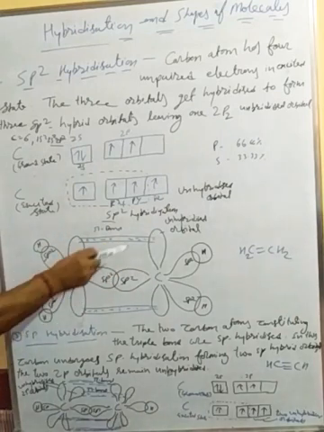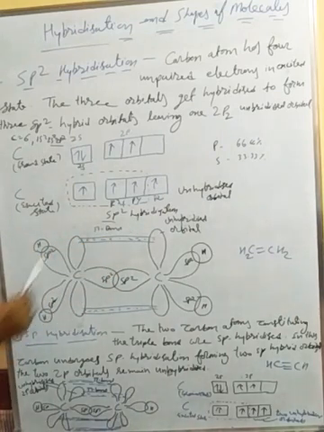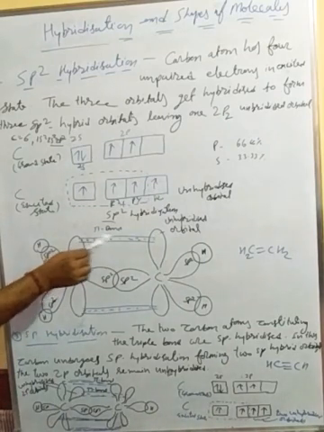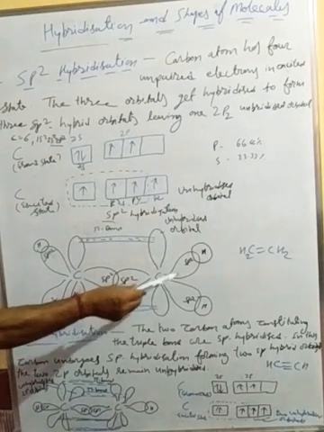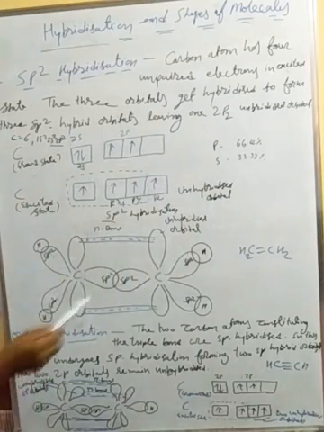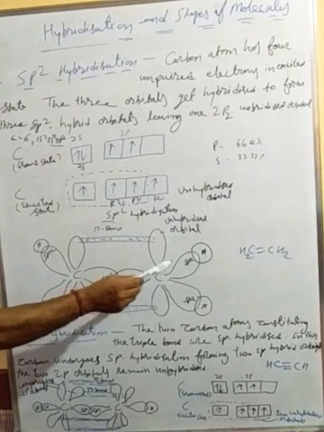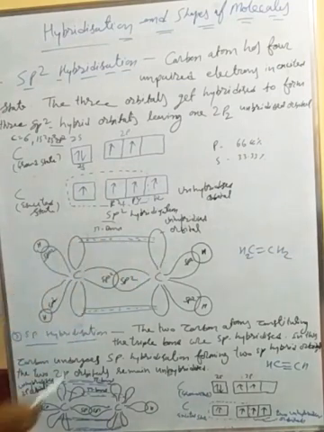The unhybridized orbital overlaps with the unhybridized orbital of the other carbon, and that bond is called a pi bond. So in the double bond, one will be the pi bond and the other will be the sigma bond.